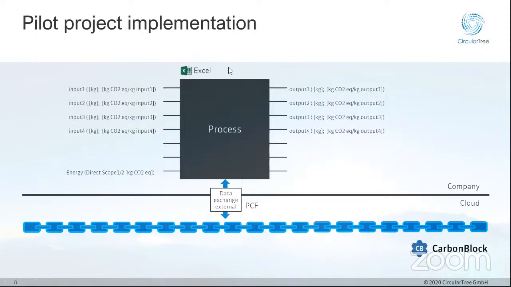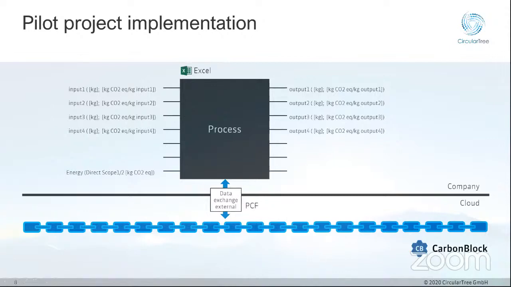There we did the process model with an Excel file, and we're just developing a tool which automatically changes data. And what you can see is very important. The critical data stays within the company boundaries, and the blockchain system is where only product carbon footprint data is stored.